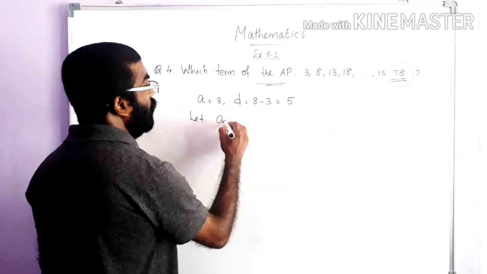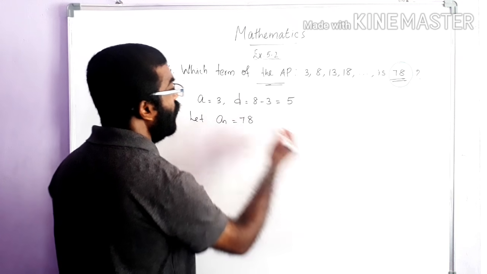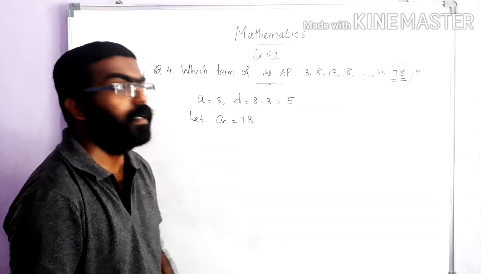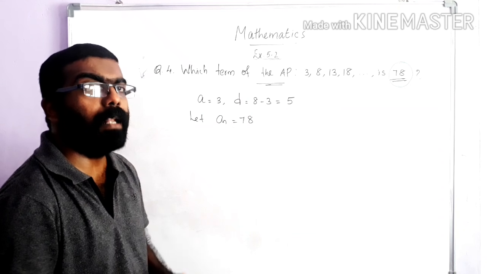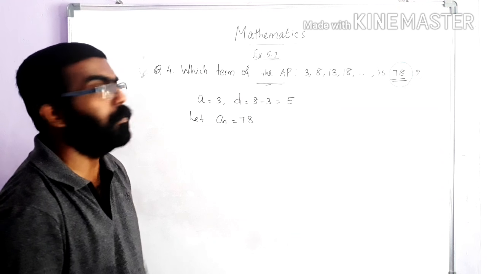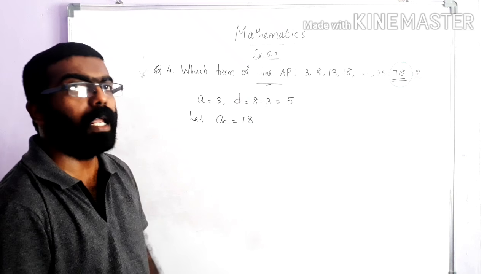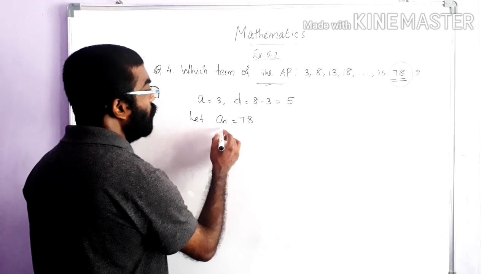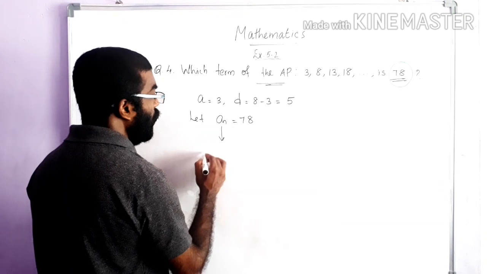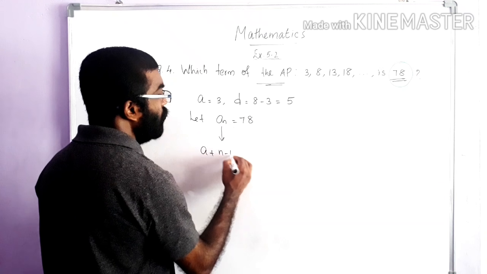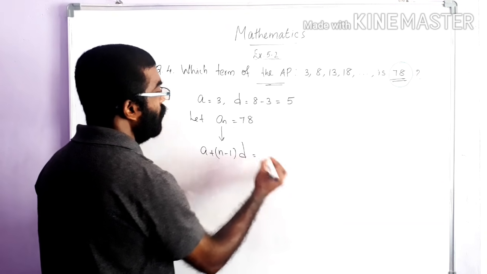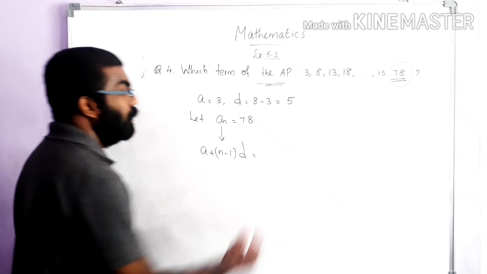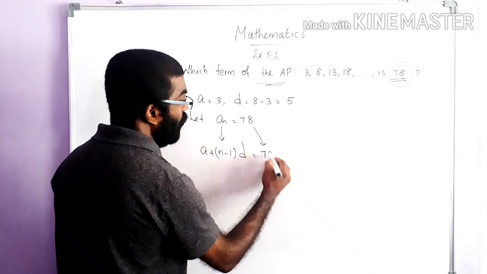So let an be equal to 78. We don't know the position of the term, so we take it as the nth term of the AP. So the general term an is equal to 78. Now we can use the formula for an. The formula is a plus (n minus 1) into d, which is equal to 78.